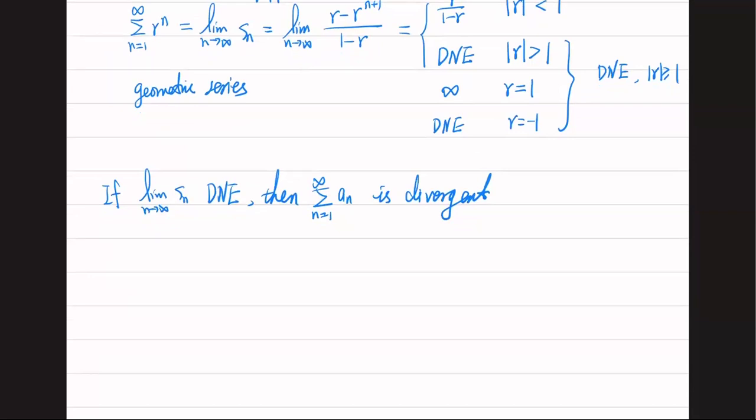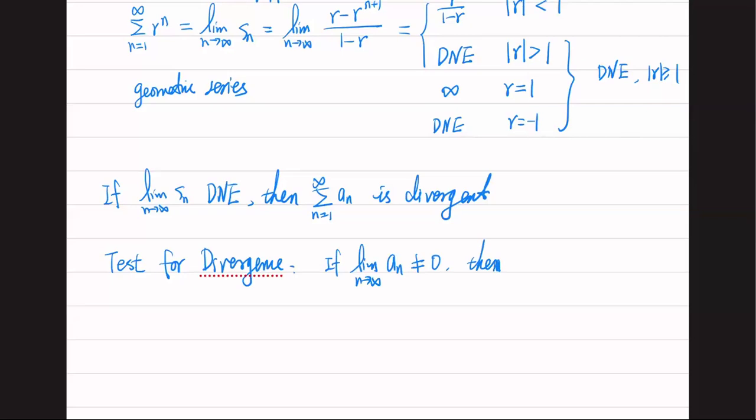So there's a very useful test for divergence. If the limit of the entry does not exist or is not 0, the series is divergent. One example will be this series.